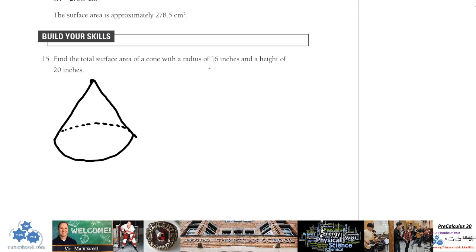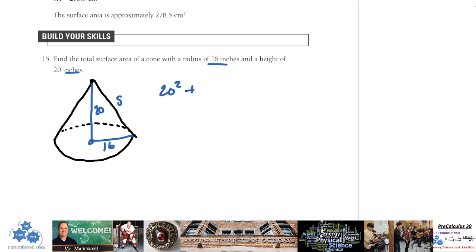So the total surface area of the cone, radius 16. Let's put that on there. R is 16 right there. Radius, 16 inches. A height of 20 inches. We've got the same units. Height is right here, 20. So here's a case where I'm not given s. Oh, that's sad, isn't it? But don't be sad, because Pythagoras tells us this is easy.